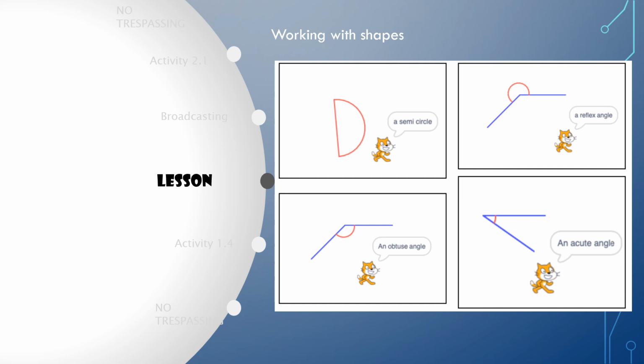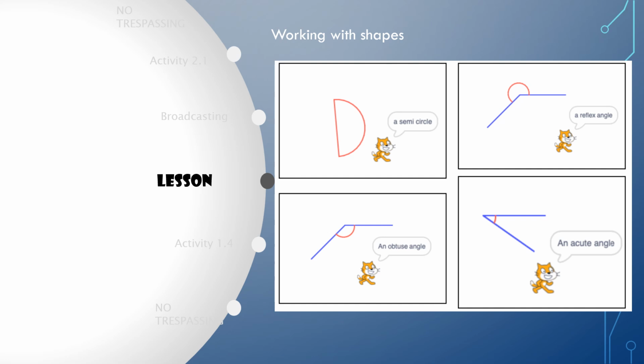Now the next lesson would be working with shapes. You see there are a few shapes there: a semicircle, a reflex angle, an obtuse angle, and an acute angle. An acute angle, we're going to talk about 45 degrees. An obtuse angle, 120 degrees. A semicircle, 180 degrees. A reflex angle, more than 180, 270 degrees.